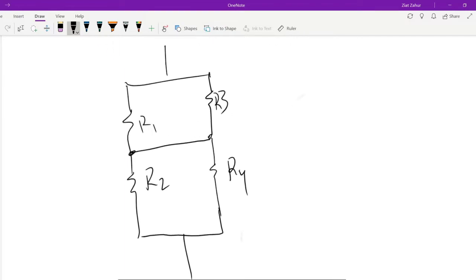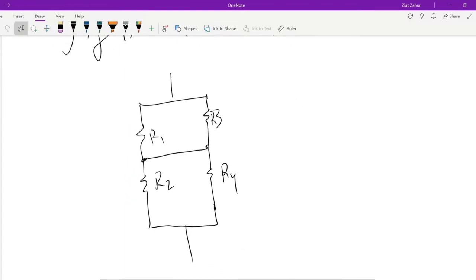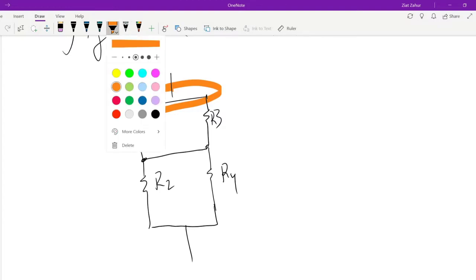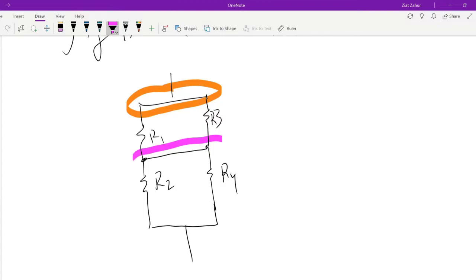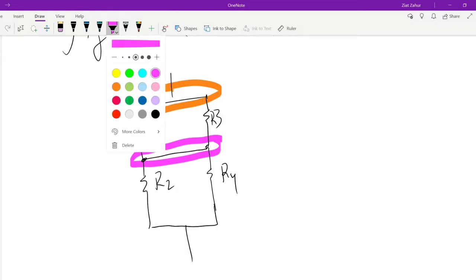Again, to identify nodes, what you want to do is circle or find spots or regions where there are no circuit elements. So I have that one. Here's a region where there are no circuit elements. A circuit element could be any resistor, diode, LED, inductor, capacitor, all these other fancy stuff that you can put in.